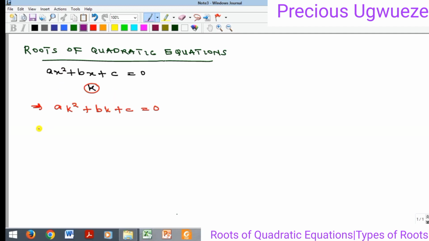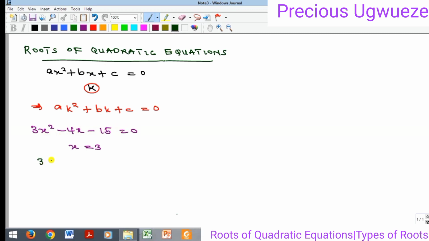For instance, if we have, let's say, 3x squared minus 4x minus 15 equal to 0, you can say that x equal to 3 is a root of this quadratic equation, and you can see that that is true. If you substitute x as 3 into this equation, we are going to get 0, and we can quickly do that.